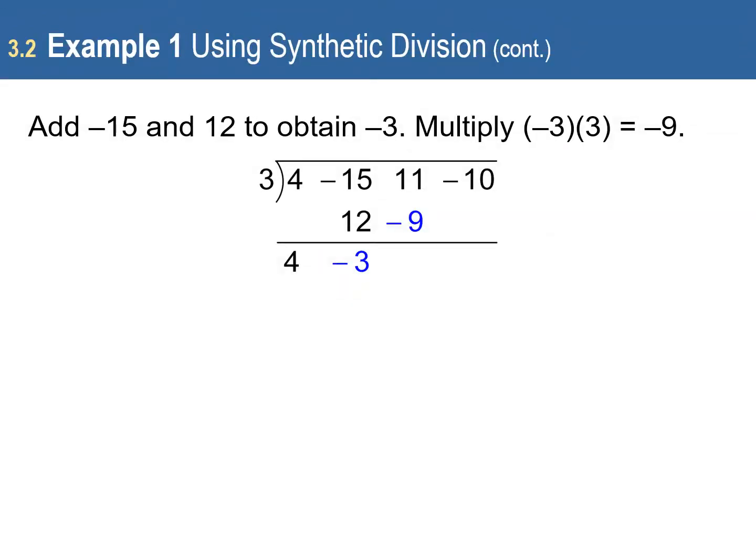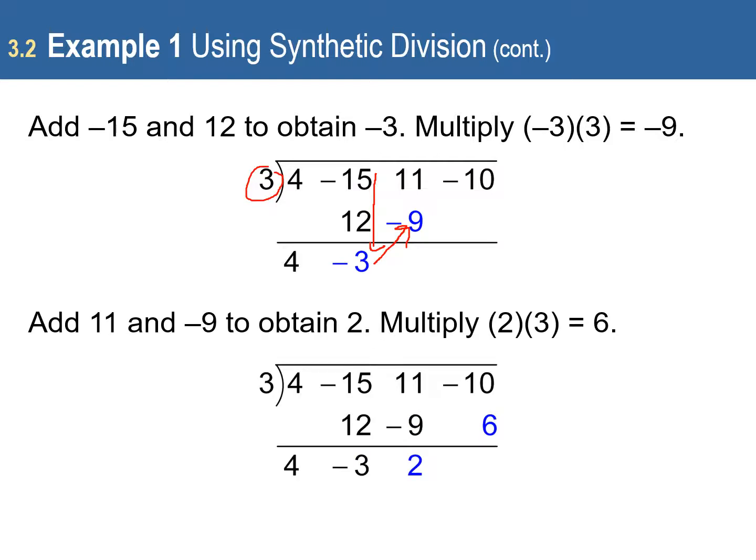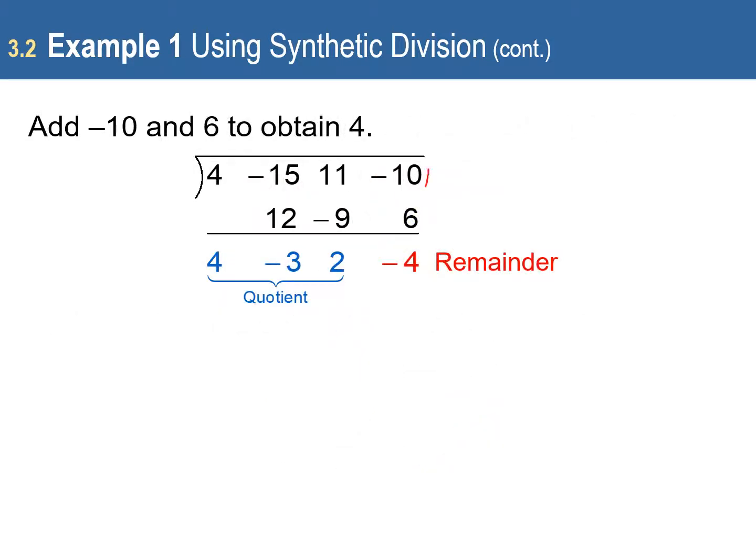Okay. So we're going to add straight down. So negative 15 plus 12 is negative 3. And now we're going to multiply 3 times negative 3, and that's negative 9. And then we're going to add straight down. So we get 2. 3 times 2 is 6. And we add straight down. So we have a remainder of negative 4.